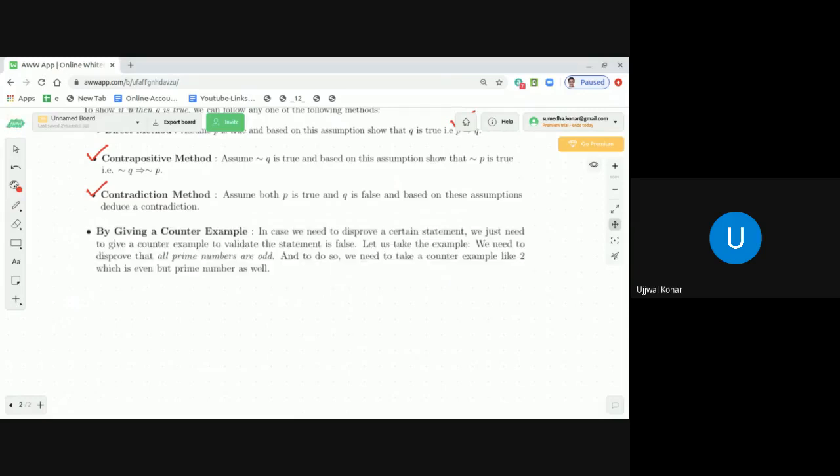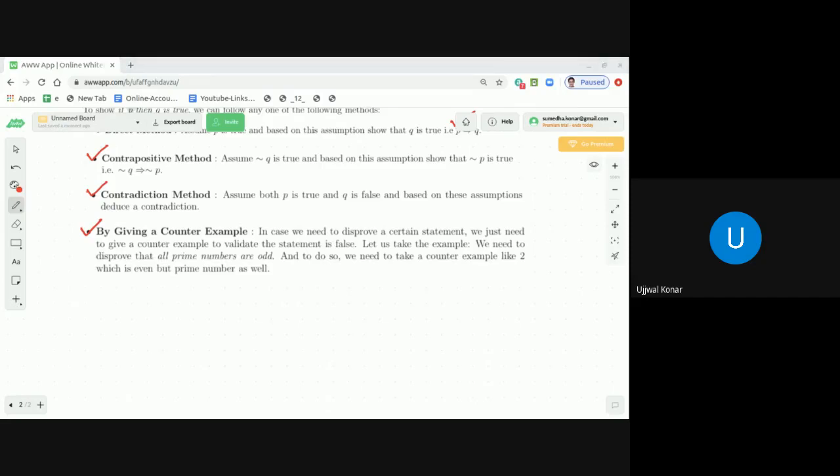In case we need to disprove a certain statement, we just need to give a counter example to show that the statement is false. Let us take the example. We need to disprove that all prime numbers are odd. To do that, we take a counter example like 2, which is even, but at the same time is a prime number. So by taking a counter example, we can also establish this.